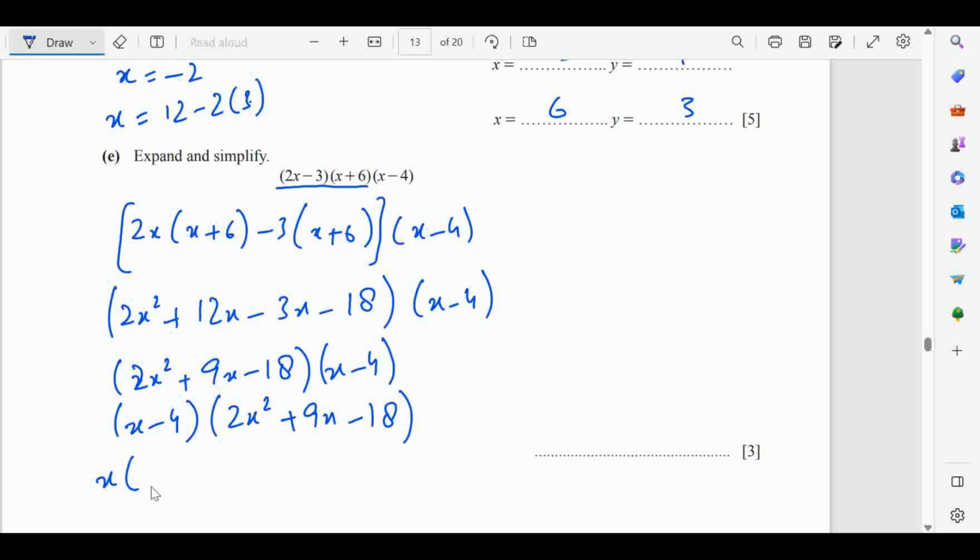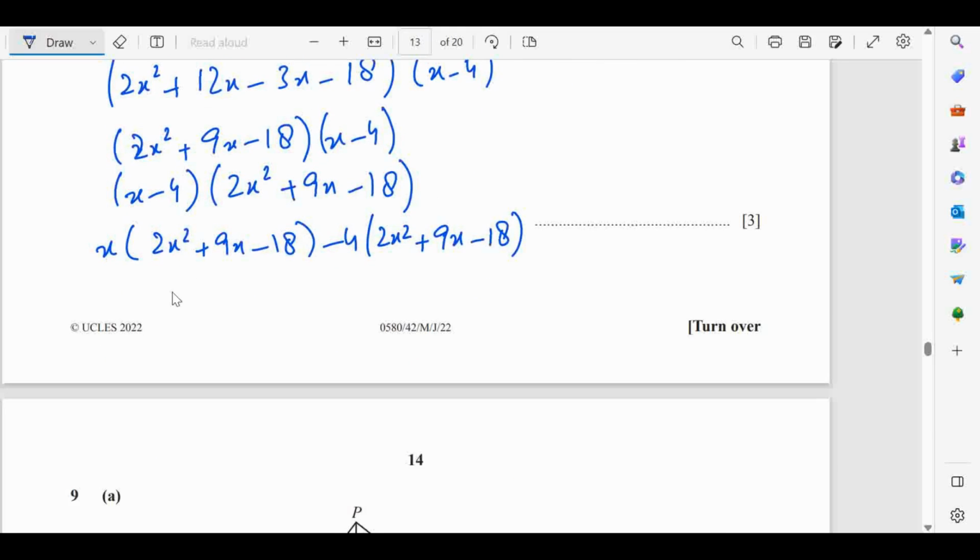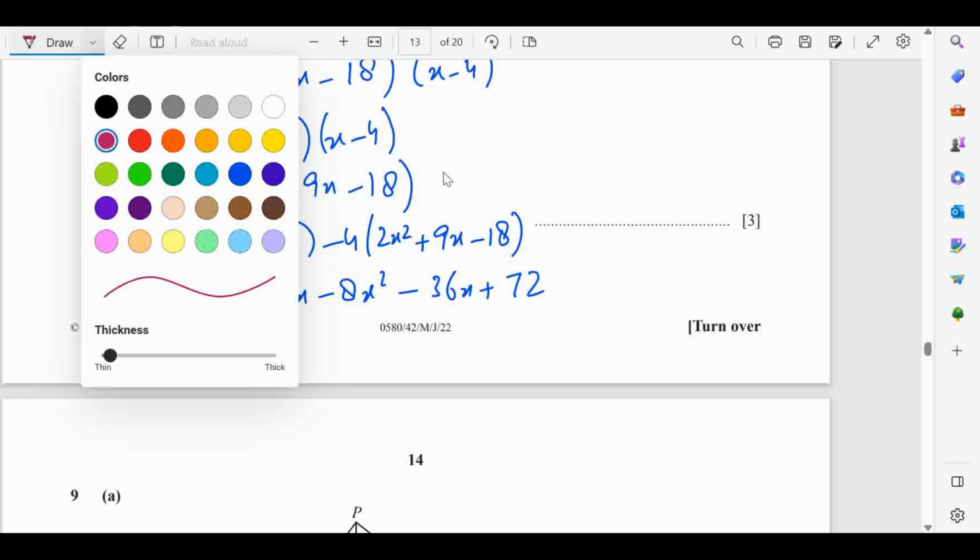So x into 2x square plus 9x minus 18 minus 4 into 2x square plus 9x minus 18. Then this will be 2x cube plus 9x square minus 18x minus 8x square minus 36x plus 72. So let's simplify the like terms.